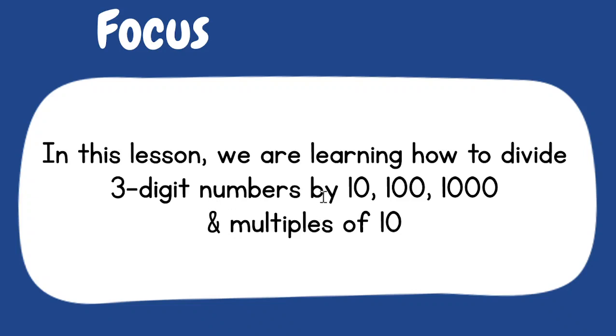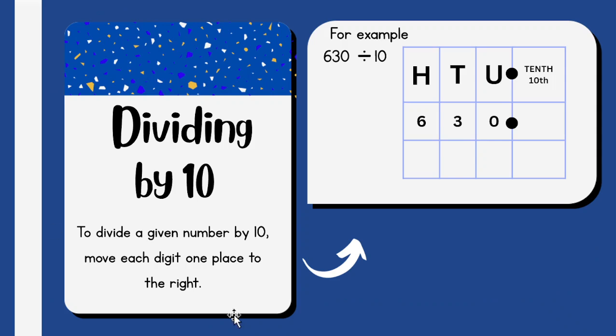So we're going to start with division by 10, 100 and 1000 before we move to multiples of 10. Let's look at the first part, dividing by 10. To divide a given number by 10, we move each digit one place to the right.